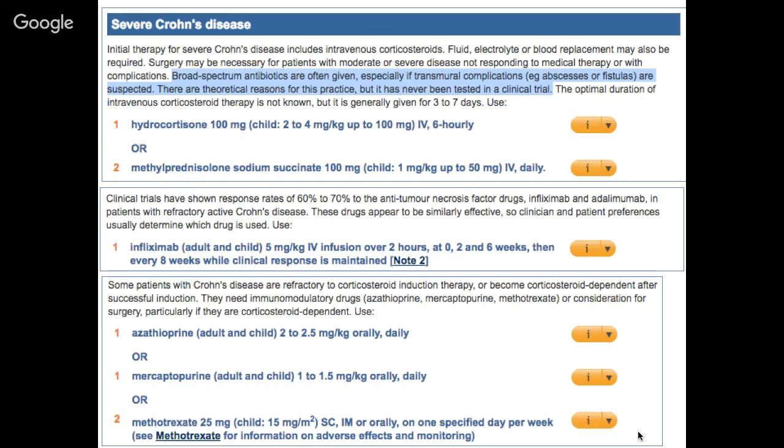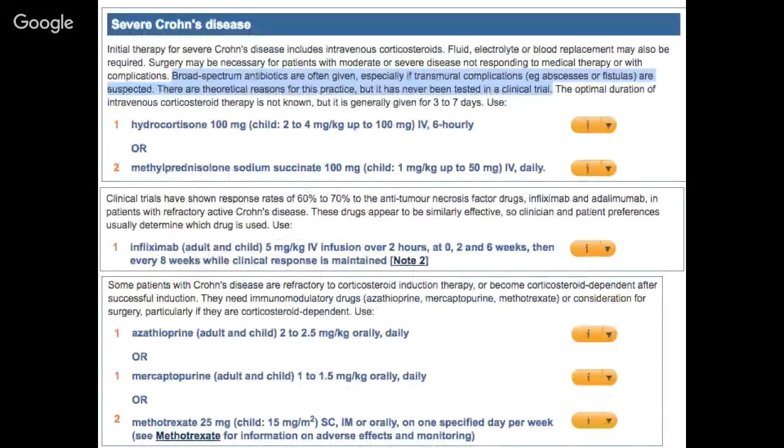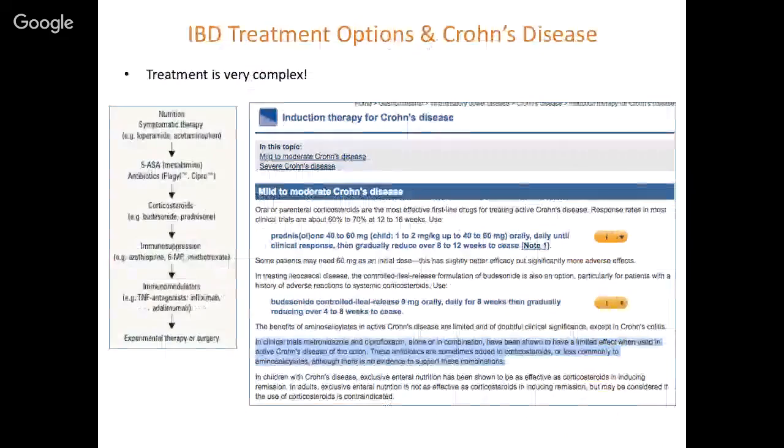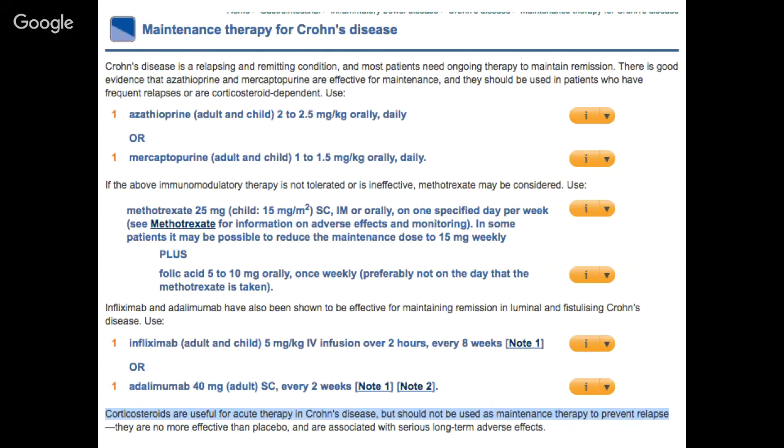In severe Crohn's disease, you pretty much just change the steroid to IV instead of oral. And then you can also add things like infliximab, which, as you can see on the left-hand side, is an immunomodulator. And you also might think about azathioprine, which is an immunosuppressive agent as well. So this is for really severe chronic disease. Now you're starting to look at how we can affect the long-term progression of this disease. That's for Crohn's, and that's maintenance therapy as well.